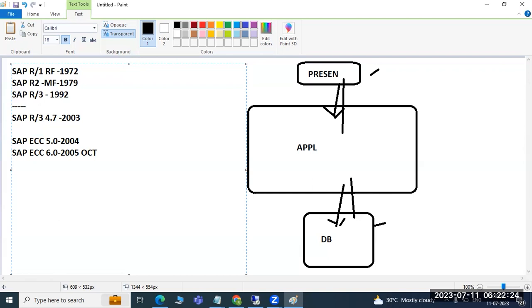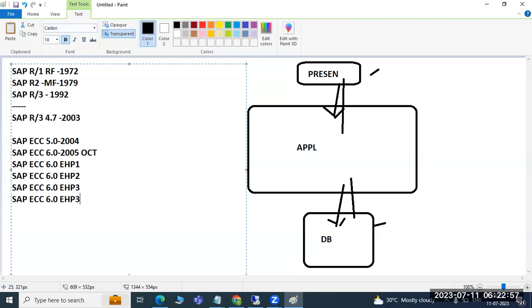Then after that, ECC 5.0 and 6.0 were released. They did not release a 7.0; instead, on top of ECC 6.0 they released EHP1, then EHP2, then EHP3, ECC 6.0 with EHP3.